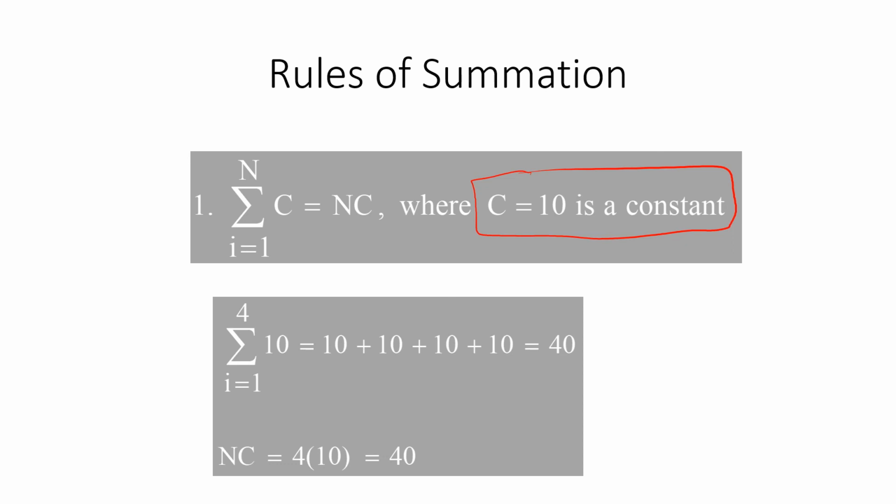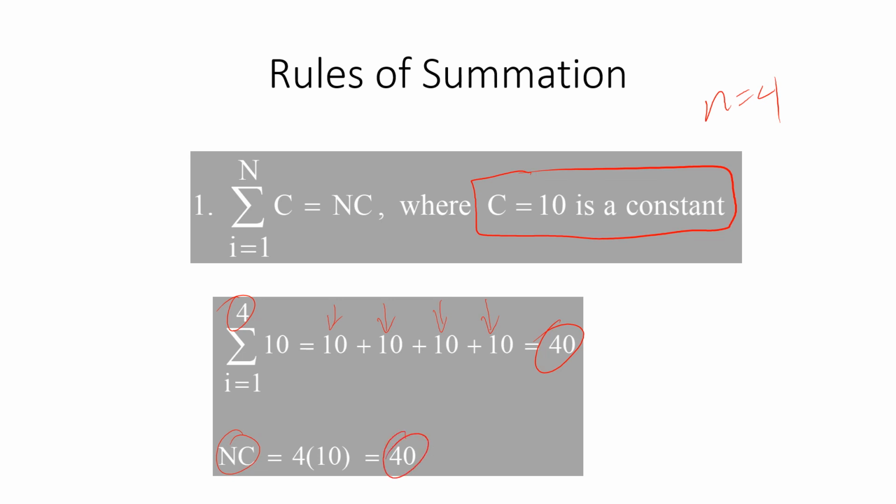So the sum of the constant when n equals 4. You see that here with the n equals 4, you've got 10 plus 10 plus 10 plus 10, it's equal to 40. Well, if we just did 4 times 10, the number times the constant, you get the same thing, 40.